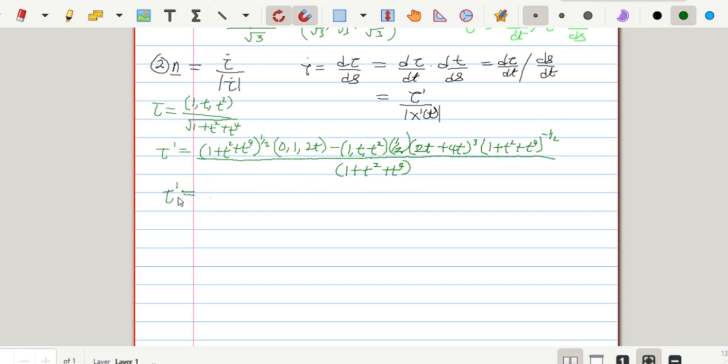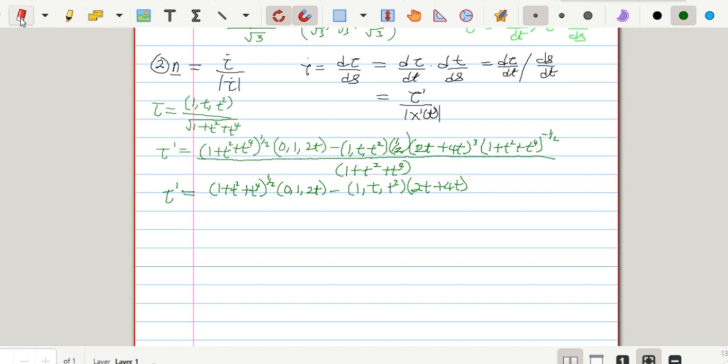So tau prime now becomes 1 plus t squared plus t raised to the power 4, all raised to the power 1 over 2, multiplying (0, 1, 2t), minus (1, t squared) multiplying 2t plus 4t cubed.